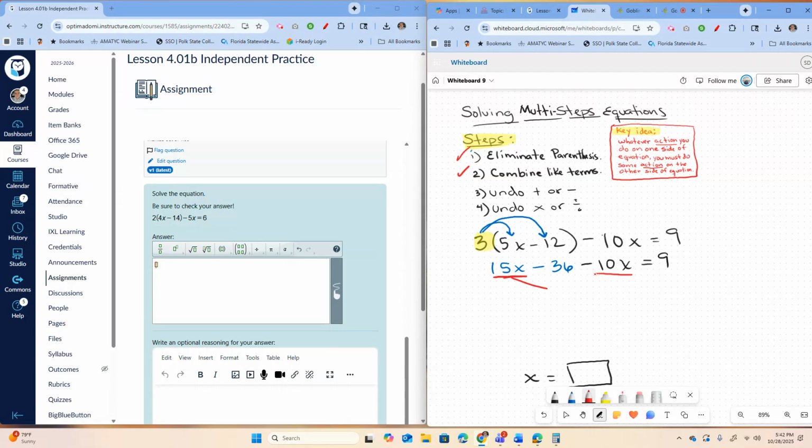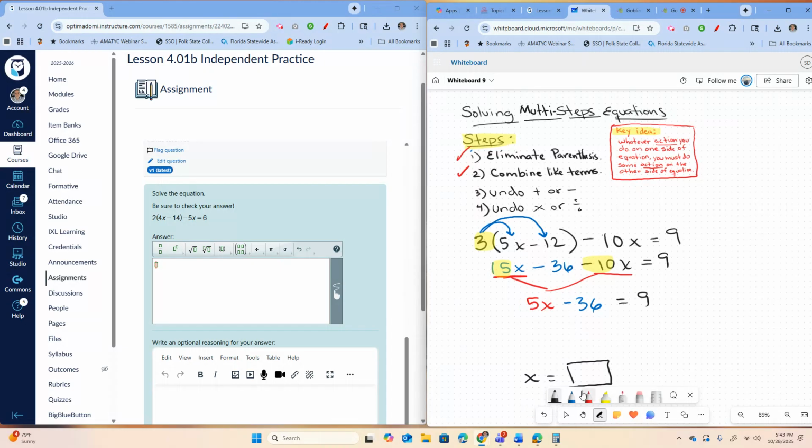You're really doing 15 minus 10, and that's how you get 5x. The word combine means add or subtract. So 15 minus 10 is equal 5x. And then I still have this minus 36, and then the rest of my equation, equal 9.